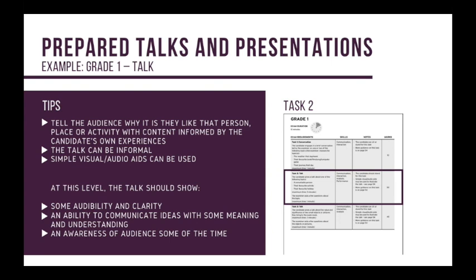Here at the foundation level, we're really encouraging confidence in sharing ideas and opinions. At this level, the talk should show some audibility and clarity. There should be an ability to communicate ideas with some meaning and understanding, and with an awareness of both the audience, with a sense of time as well.